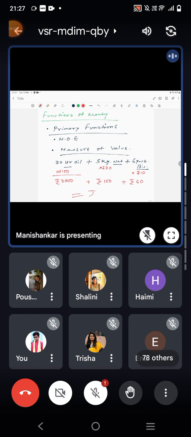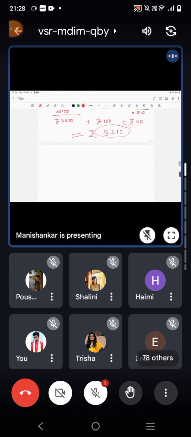So total, that means 3210. Okay, so that is your valuation. So as a measure of value, you can use your money.